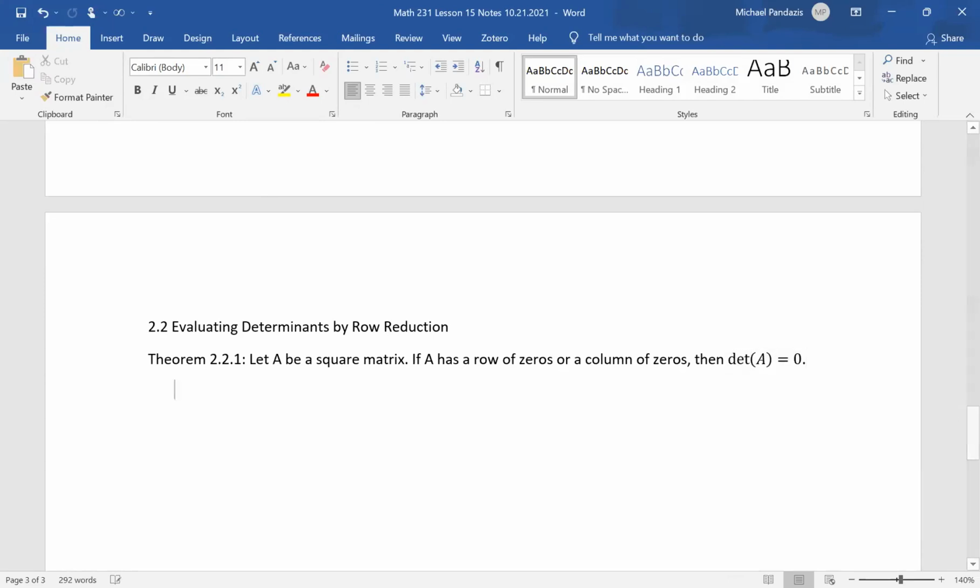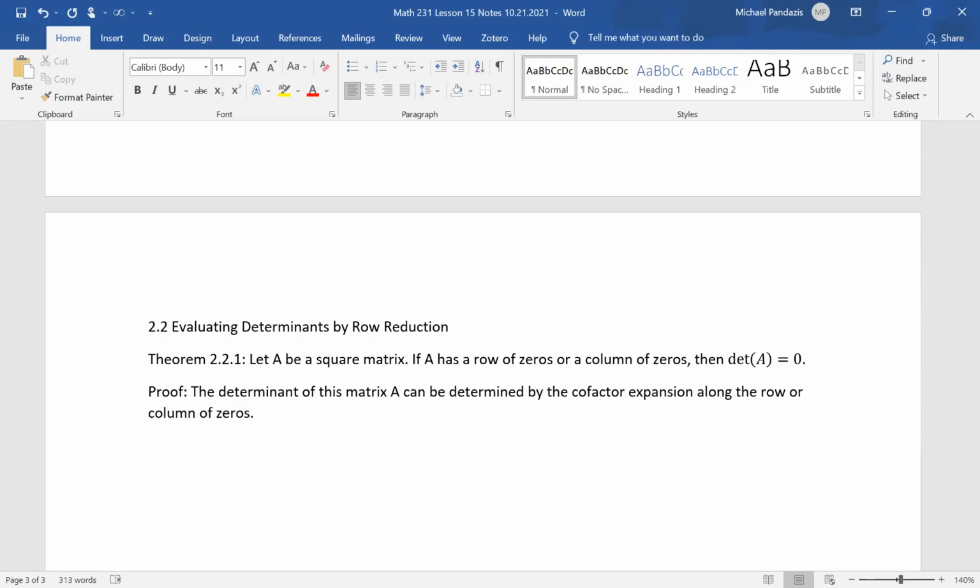Okay, so the proof of that is just that the determinant of this matrix, capital A, can be determined by the cofactor expansion along the row or column of zeros. Just choose the row or column of all zeros. The cofactor expansion of a row or column of all zeros is 0, because every entry is 0.